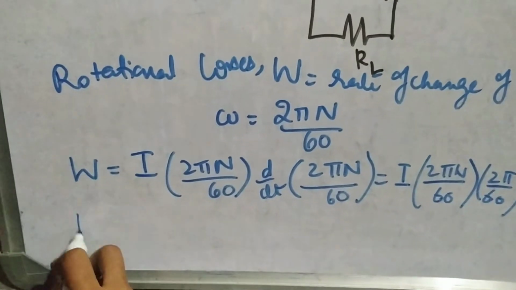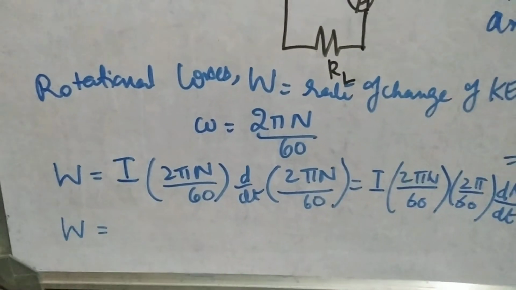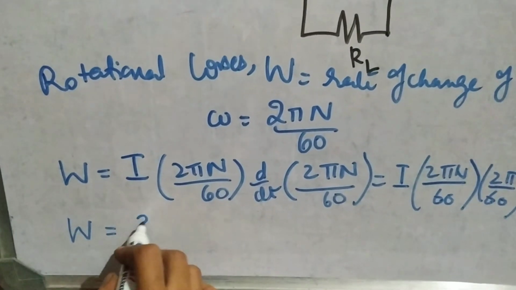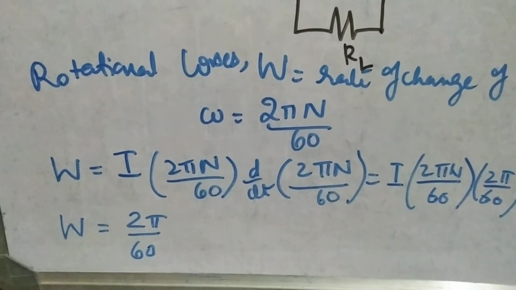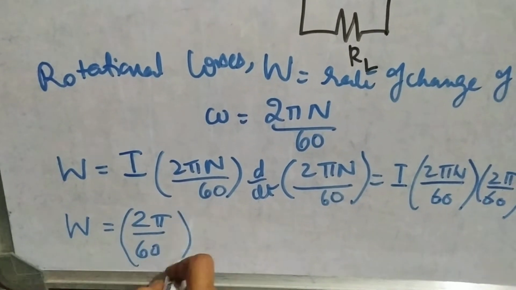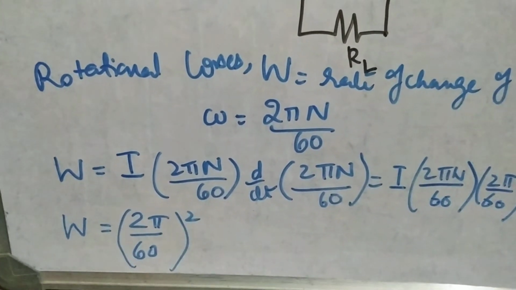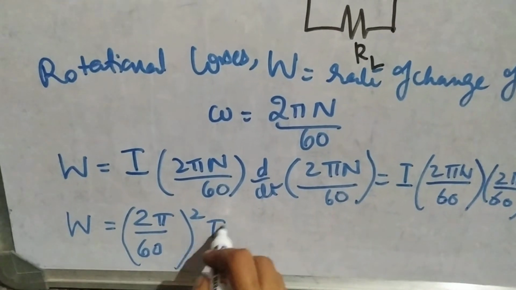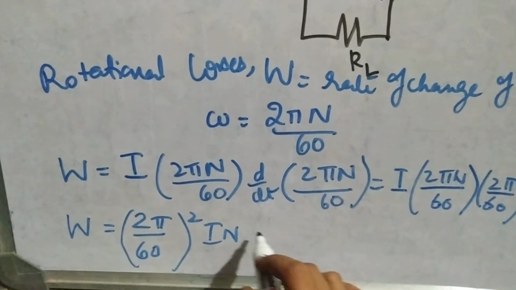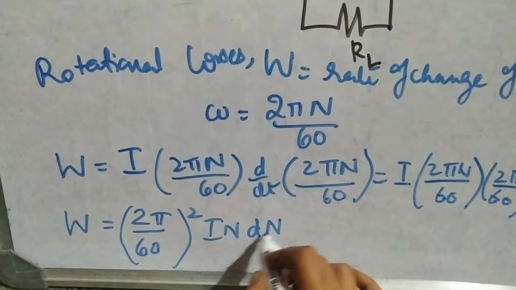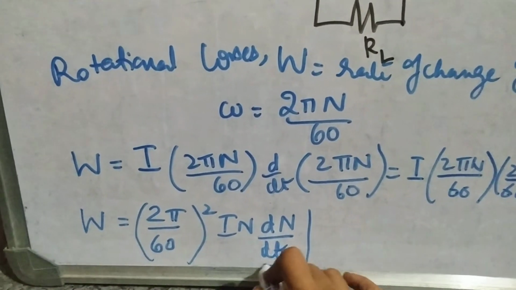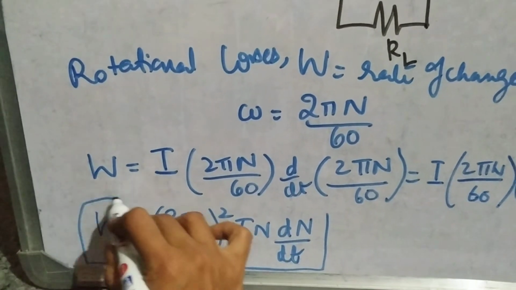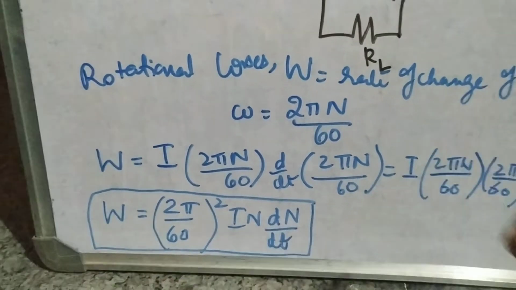Finally, we get W as 2 pi by 60 whole square into I n into dn by dt.